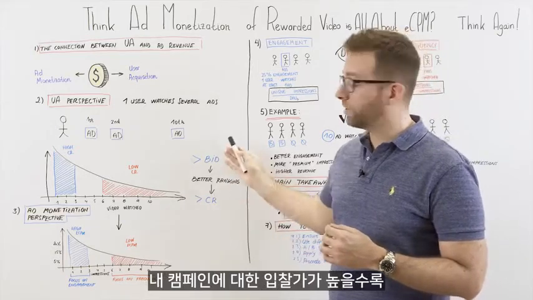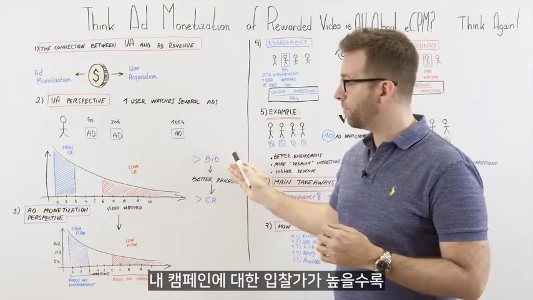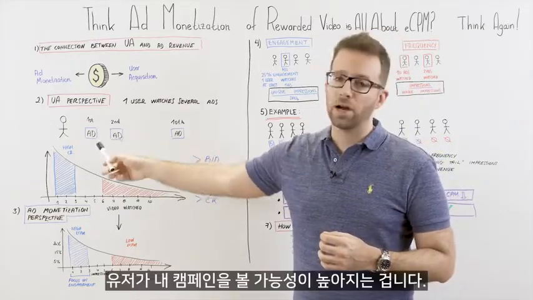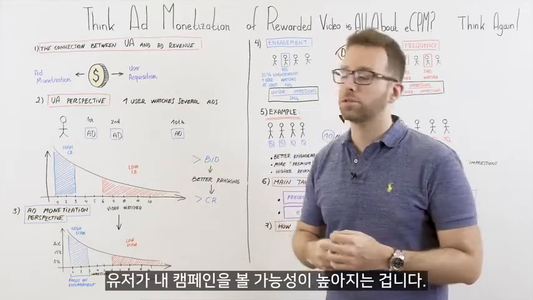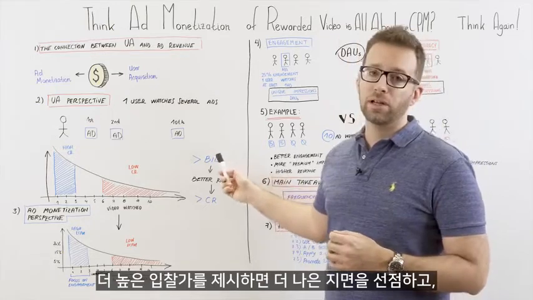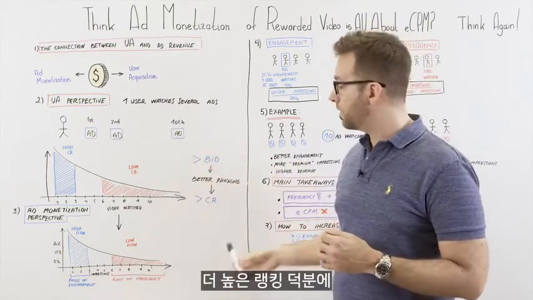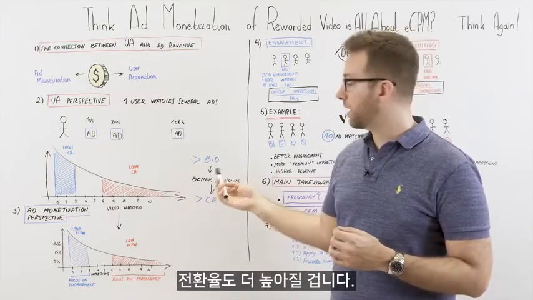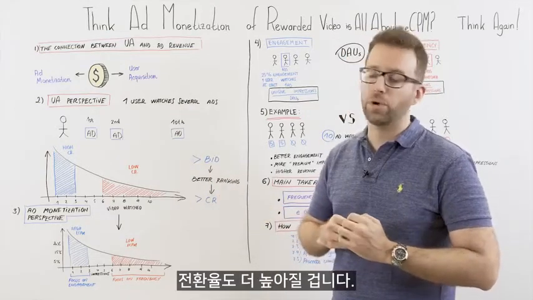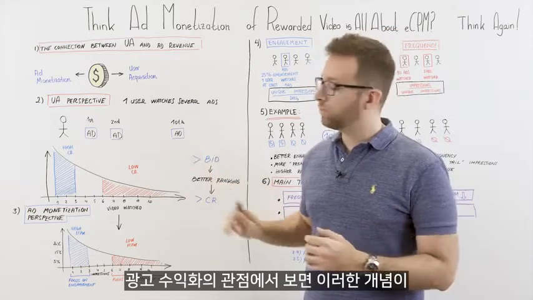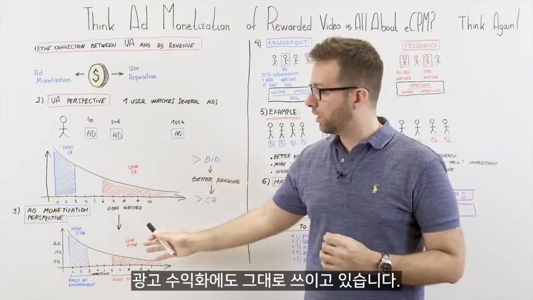So the higher the bid for our campaigns, the more likely it is to be shown before other campaigns of other advertisers. So having a higher bid will position us better, and the conversion rate will increase thanks to a better ranking. The whole concept can be reflected in ad monetization.